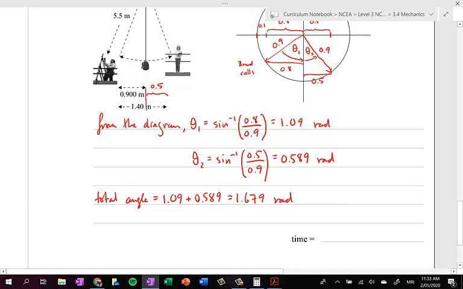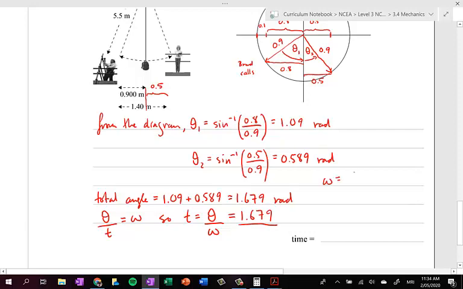And we know that this must be omega t, right? So omega t must be equal to 1.679. In fact, I'll just write the equation that's relevant here first. So we know that theta over time must be omega, because that's the angular speed of the phasor. So time must be equal to theta over omega, which is equal to 1.679 over, maybe we should work out omega here.